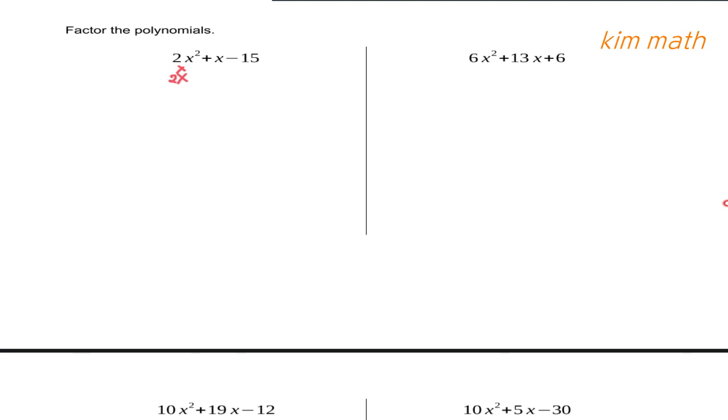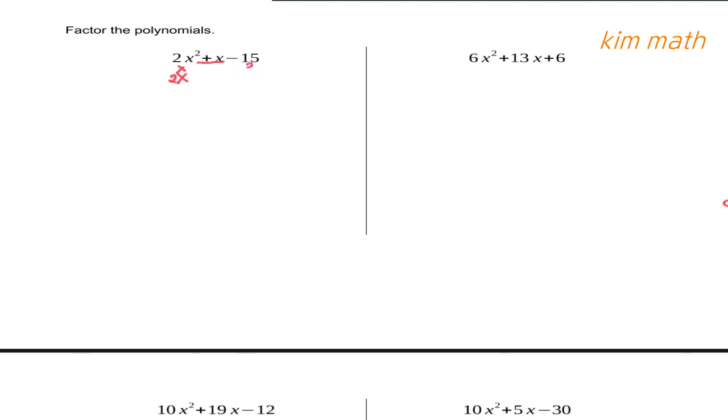Again, I will show you all of my trial and error, 1 and 15. Now I will do mental math with all positive numbers, 2x, 15x. With 2x and 15x, it is not possible to make a 1x, right? So 1 and 15 is not a good choice.